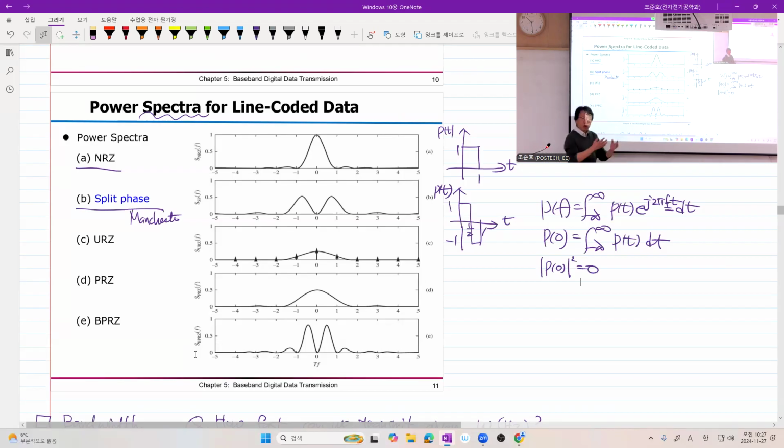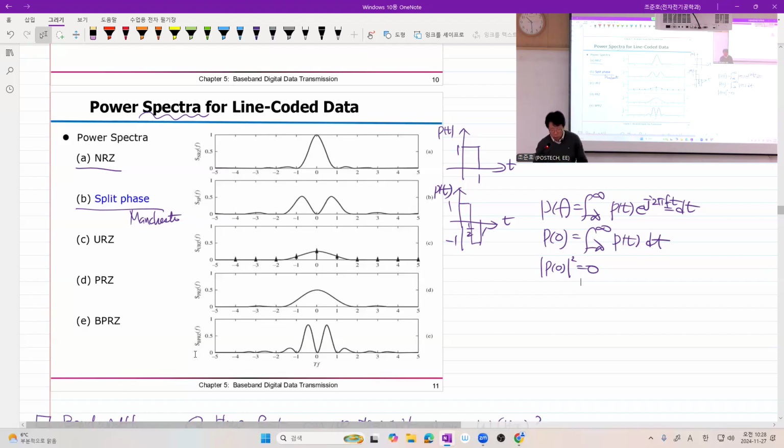Of course, your real-world equipment may never show you Dirac delta functions. It may show a very high spike in your display. Whenever you see a very high spike, you must notice that, okay, probably if I derive the power spectral density mathematically, here is a tone signal or Dirac delta function, which translates to a pure sinusoidal signal in time domain.